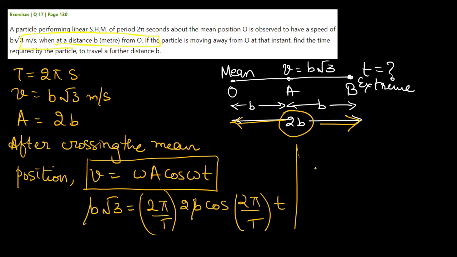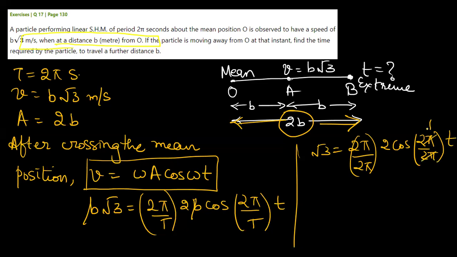You will get root 3 equal to 2 pi upon time period, which is also 2 pi, into 2 cos of 2 pi upon 2 pi into t. So this gets cancelled, this gets cancelled. Take this 2 to this side. This will become root 3 by 2 equal to cos t. Therefore t will be equal to cos inverse root 3 by 2.